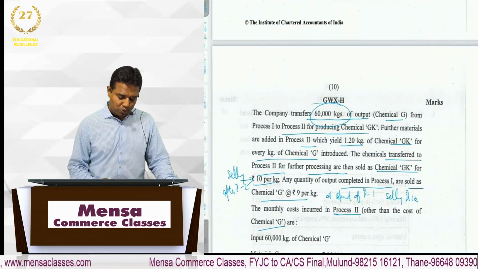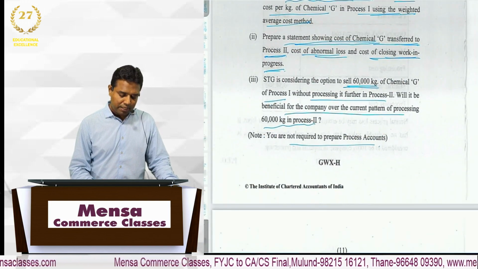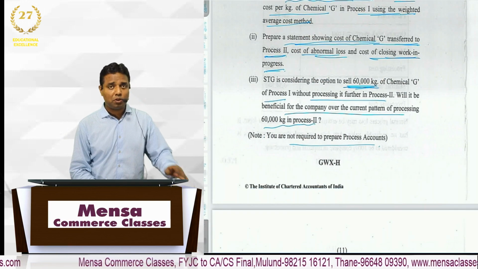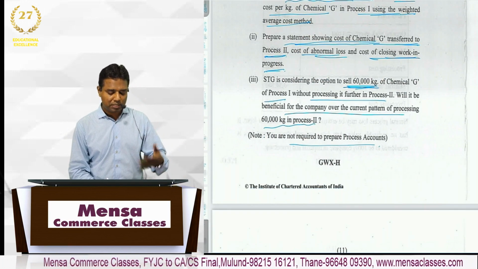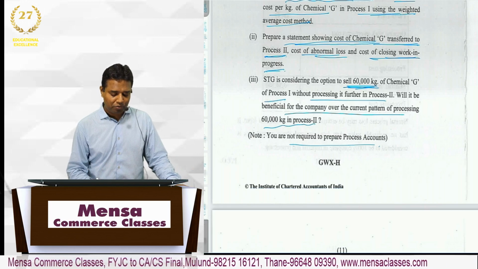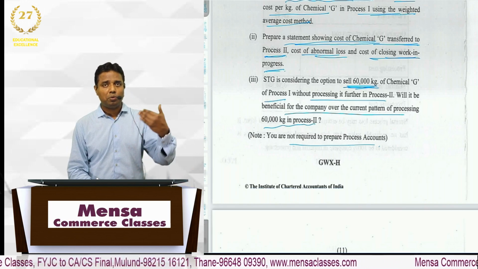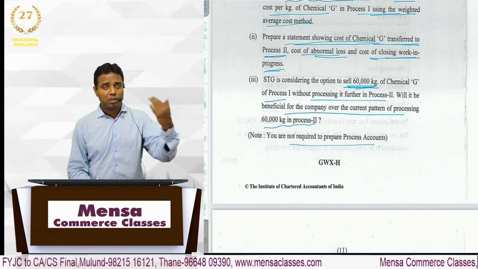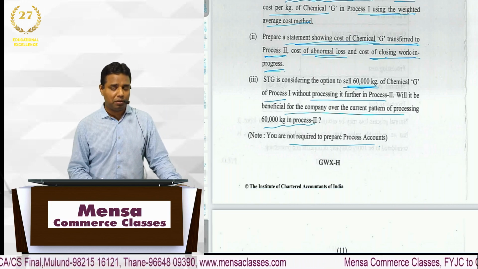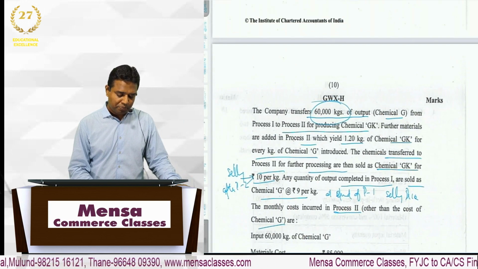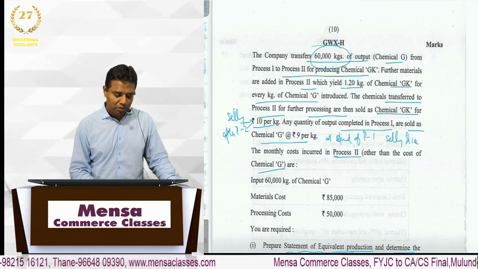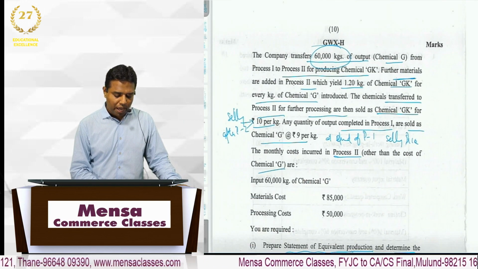Then next, what you are supposed to do? They are saying there is an option of 60,000 kgs: instead of transferring to the next process, they can sell it off. Will it be beneficial, or if we process it further and sell it off, will it be beneficial? So let's read that. If you are going to process, you'll have to add material further.